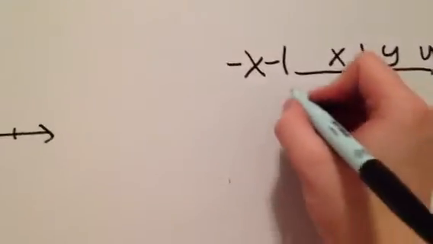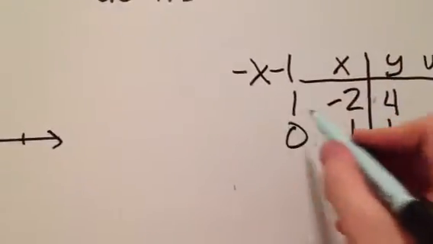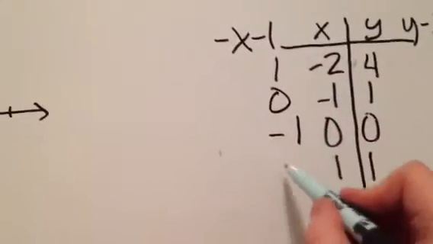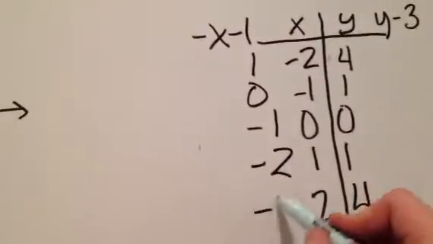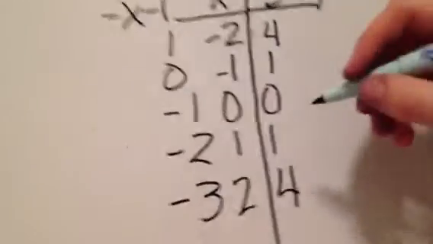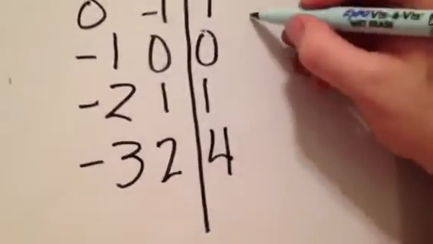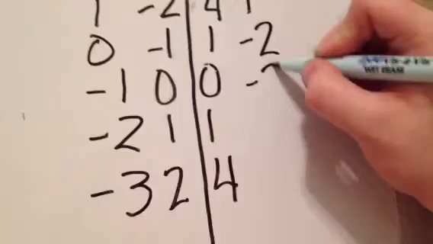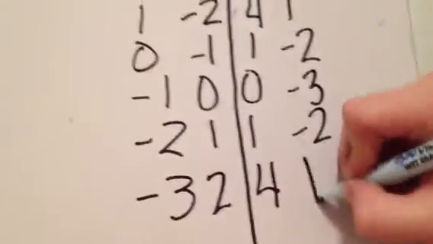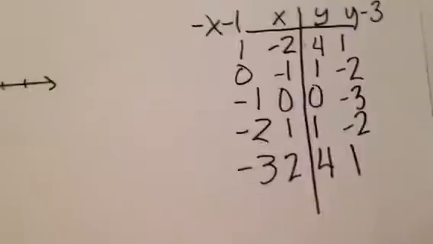And so our new x-coordinates are 1, 0, negative 1, negative 2, and negative 3. And then our y's are 1, negative 2, negative 3, negative 2, and 1. And so our new graph is going to look like this.